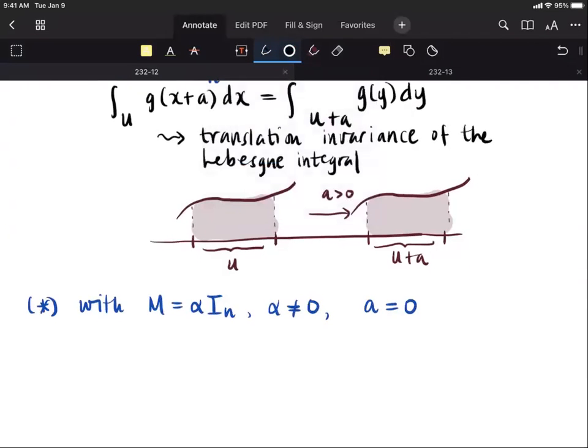In this case, the integral over U of g of alpha x dx is now equal to 1 over alpha to the n, so we should have an absolute value here, of the integral over alpha U of g of y dy.